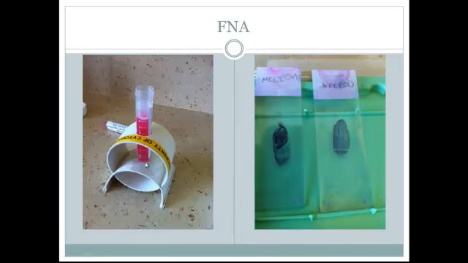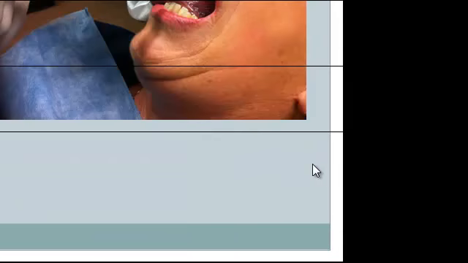Any residual material is then put into a medium, centrifuged into a solid block, and that can also then be mounted and looked at under the microscope after sections are cut.